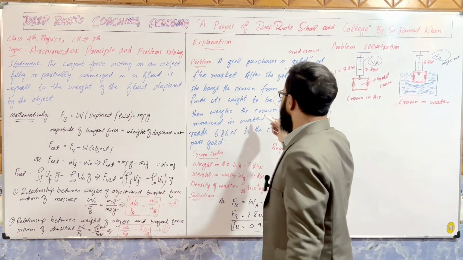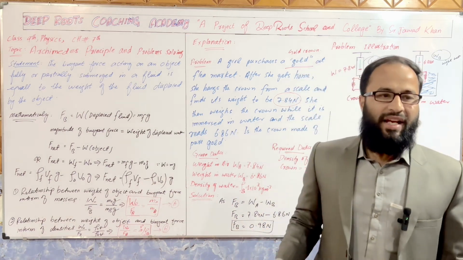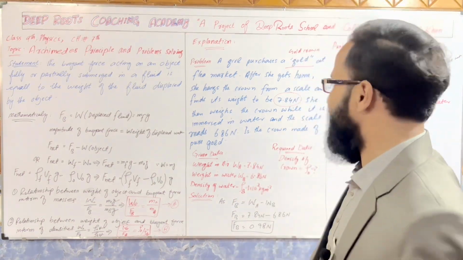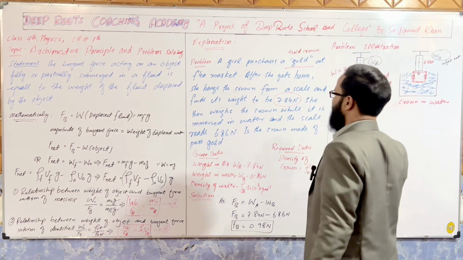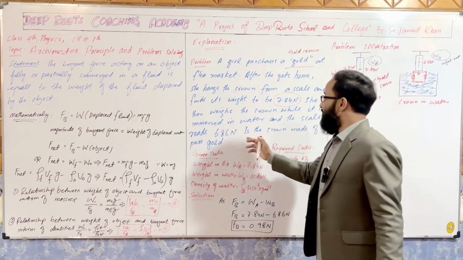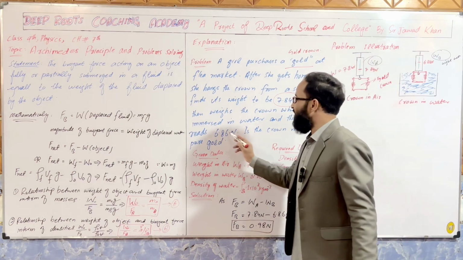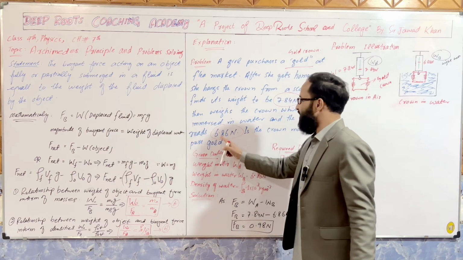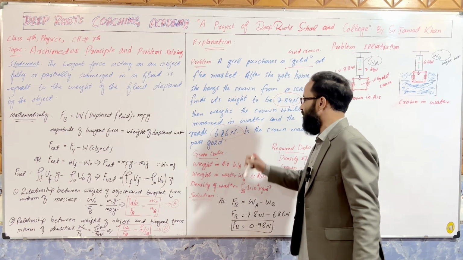Now she weighs the crown while it is immersed in the liquid or in the water, and she reads the scale, and the scale reading is 6.86 Newton.